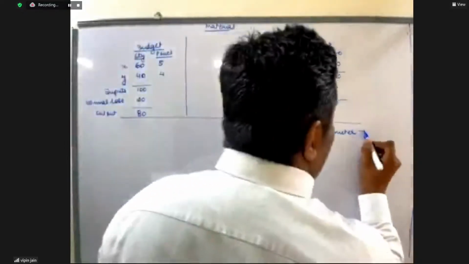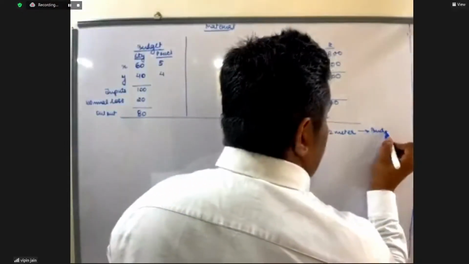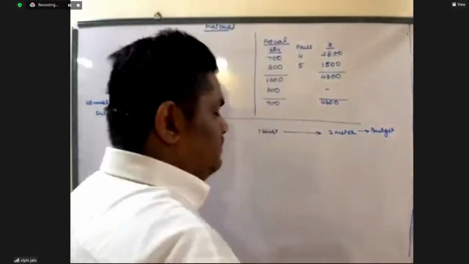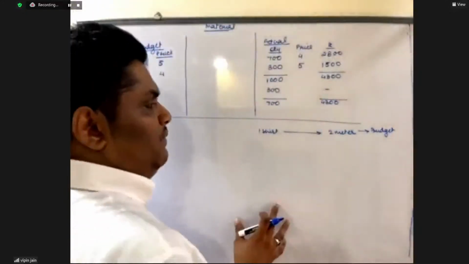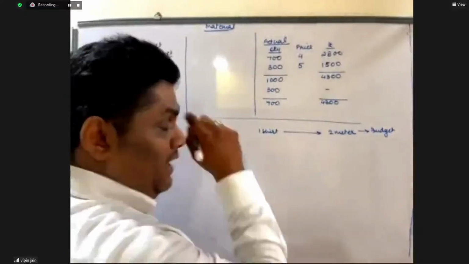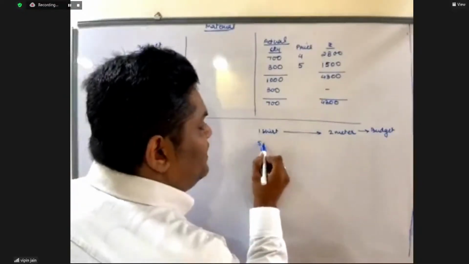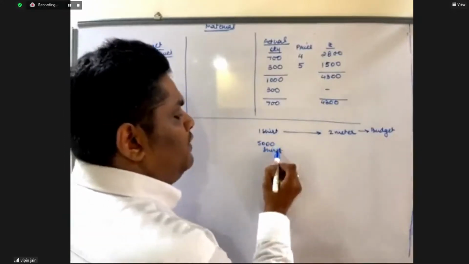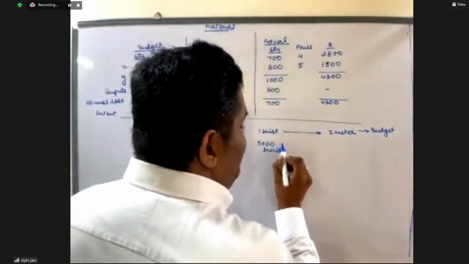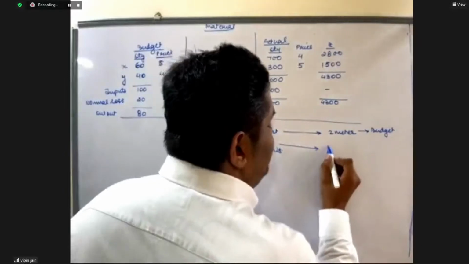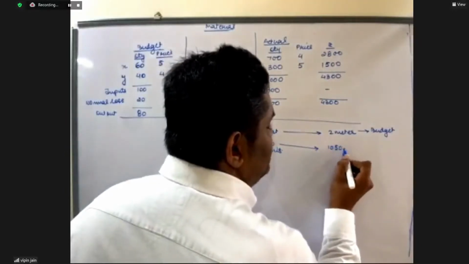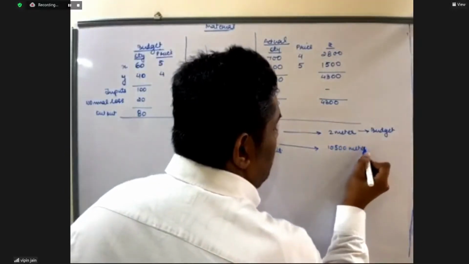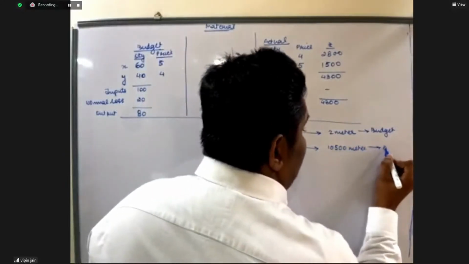We call it the budget. Now, when the actual results were out, we manufactured 5,000 shirts. This is my output. We manufactured 5,000 shirts using 10,500 meters. This is my actual rate.